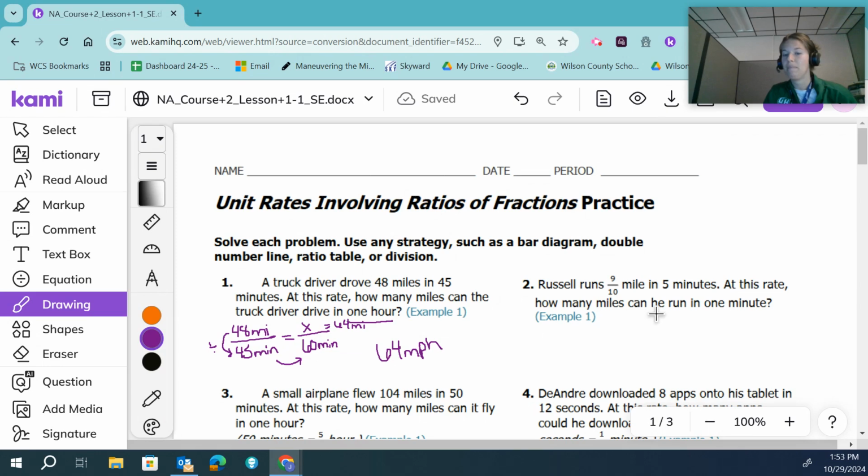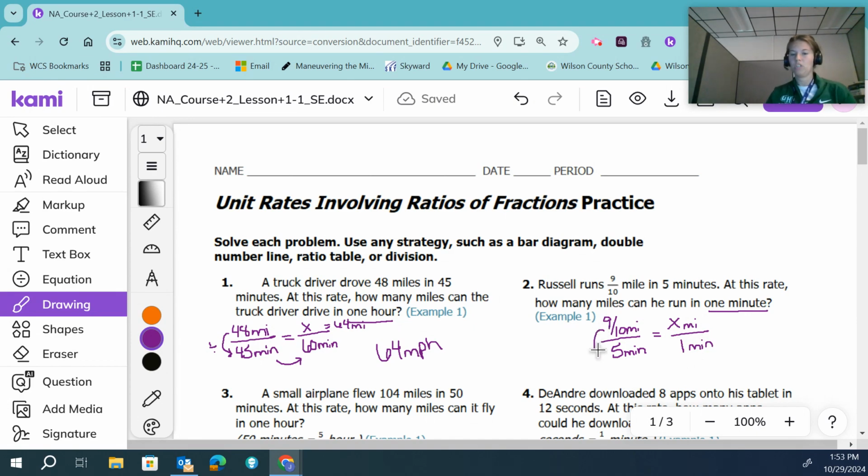This one says Russell runs 9/10 of a mile in 5 minutes. At this rate, how many miles can he run in 1 minute? So 9/10 miles in 5 minutes. How many miles in 1 minute?